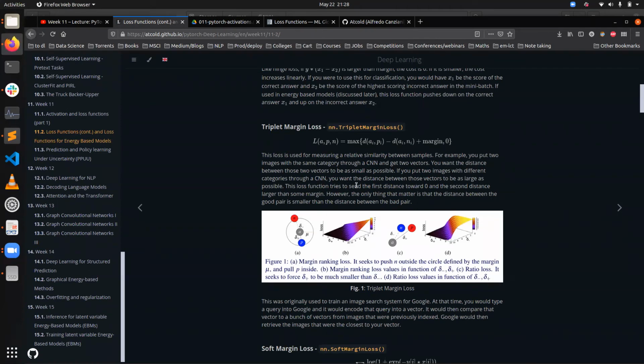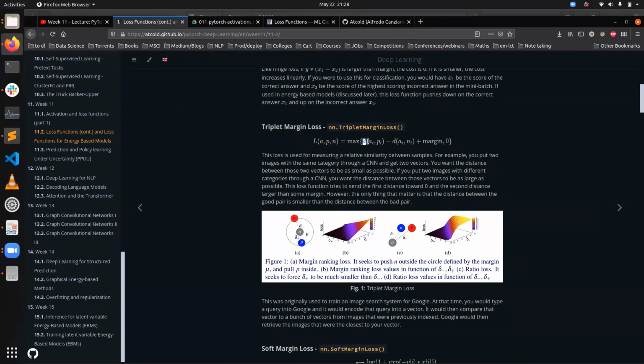So you have something called an anchor sample, and then you have a positive sample and a negative sample. Let's assume your anchor sample is a cat. I think this is the example he took in the lecture. So A is the image of a cat, P is also a cat, and N is a table. D represents the distance measure.